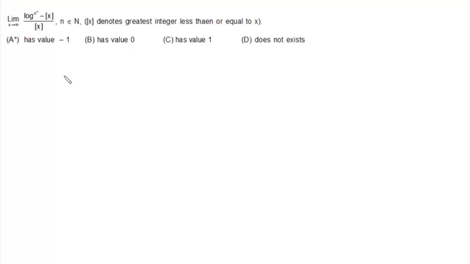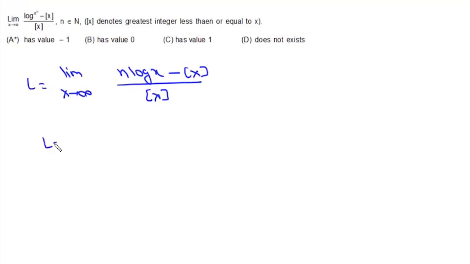Now here in the question, we need to solve this limit, which is the limit as x tends to infinity of (log x)^n, which is n log x, minus the greatest integer function of x upon the greatest integer function of x. Suppose this is limit L. Now this L is the limit as x tends to infinity, and we write this as n log x upon the greatest integer function of x, minus 1.